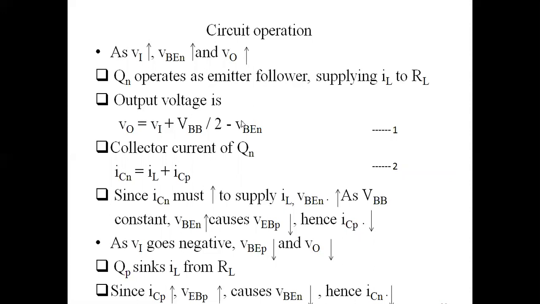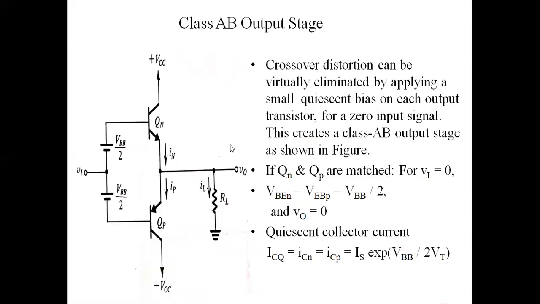Now the positive output voltage V0 causes a load current IL to flow through RL. That will result in a current IL flowing through the load resistance RL, and thus IN must also increase.